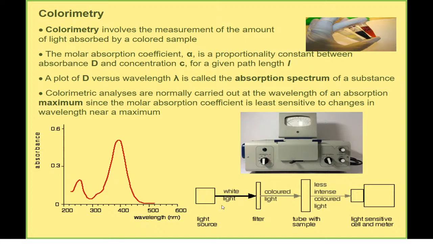And this is the diagram of that colorimeter. Photocolorimeter. White light goes through the filter, becomes colored, of a particular wavelength; first of all, to calibrate this and to make a choice of these special wavelengths.